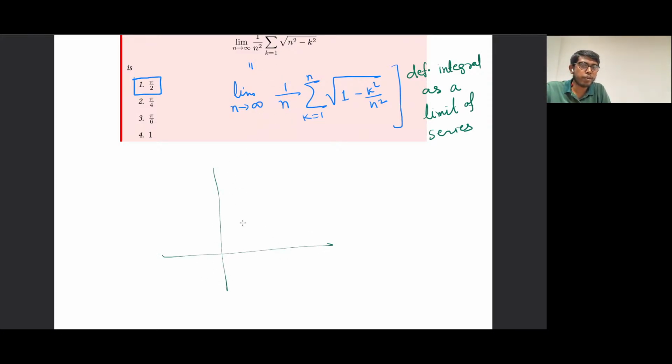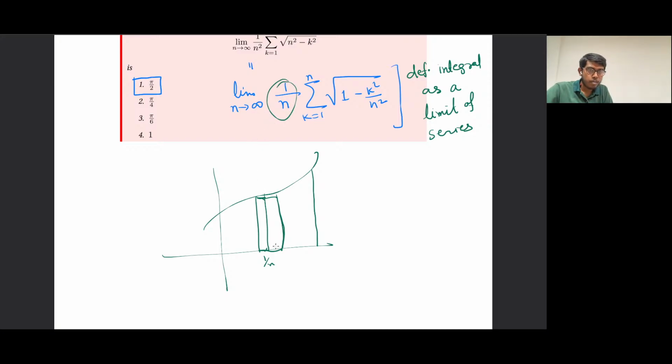So if we have some definite integral, we form the rectangles of width 1 by n, because it's 1 by n, and this is my function value. Yeah, pi by 4, right?